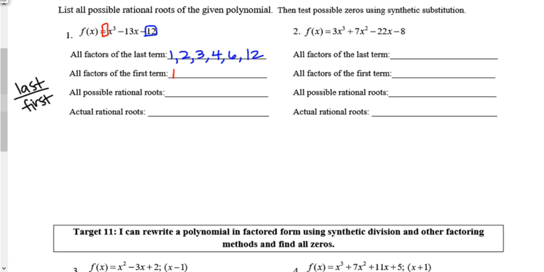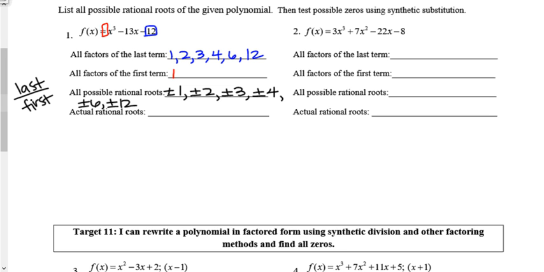So I have plus or minus 1 over 1, plus or minus 2 over 1, plus or minus 3 over 1, plus or minus 4 over 1, plus or minus 6 over 1, and then plus or minus 12 over 1. So those are all the possibilities that I could possibly have for the rational roots.